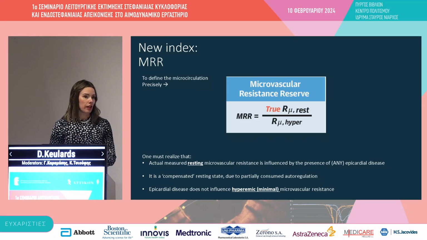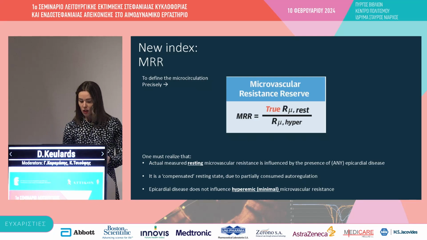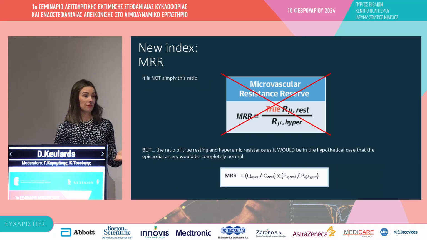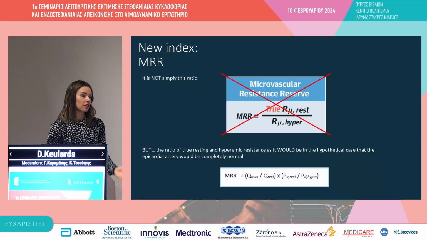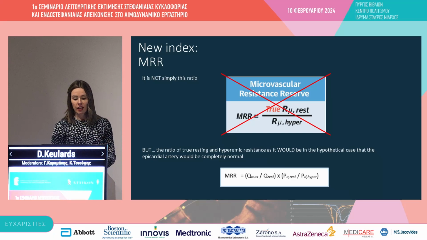In a hyperemic state, you do not have that problem because you exclude the autoregulation, but the resting microvascular resistance is lower. So what we need to measure is the ratio between resting and hyperemic microvascular resistance in the theoretical case that the epicardial vessel is completely normal. And that is the MRR.